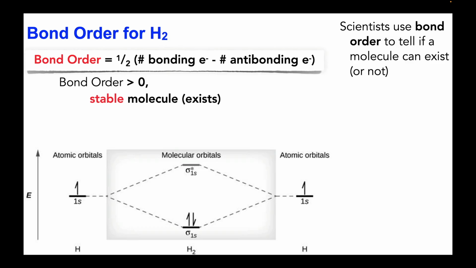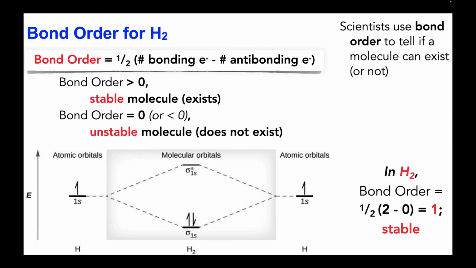If you have a bond order that's greater than 0, that means that it's a stable molecule, and that molecule should exist. However, if you have a bond order of 0, and in higher applications you might see even a bond order that's less than 0, but we're not going to talk about those, all mean that you have unstable molecules, and the molecule should not exist, all right? So bond order, if it's greater than 0, that means it's going to happen, it's going to exist.